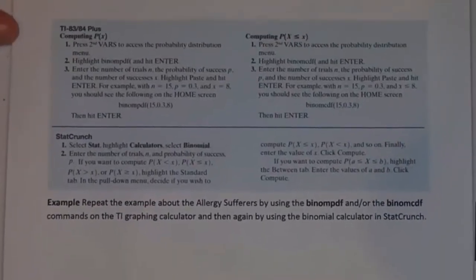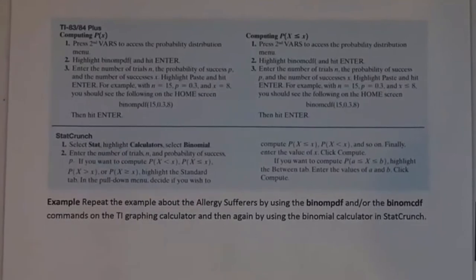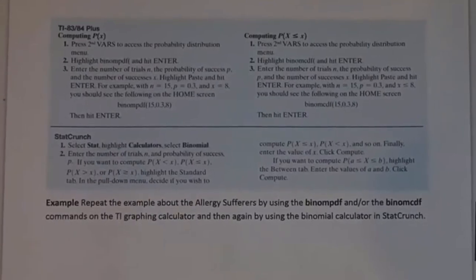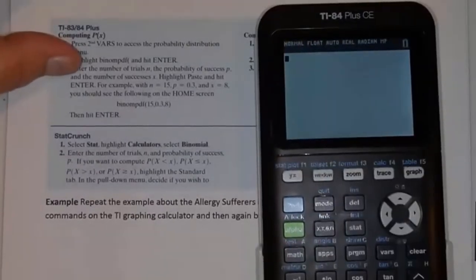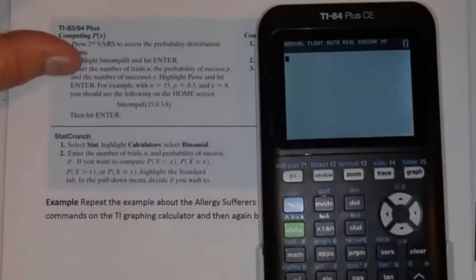Technology. Now, we have 2 different commands on our calculators that can help us with binomial probabilities, and we also have a command in StatCrunch that can help us. I want to show you this. This will be the first time we go to this place on our calculators. Look at the button that says VARS.